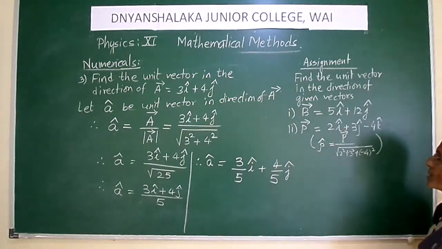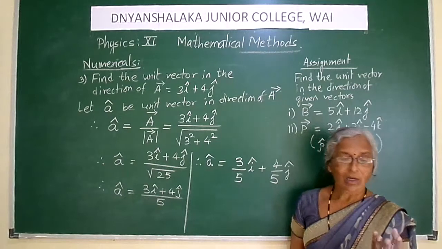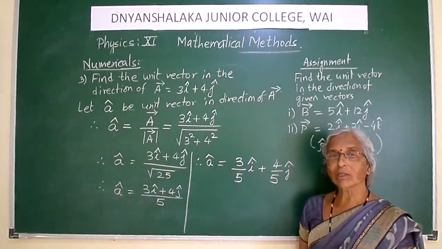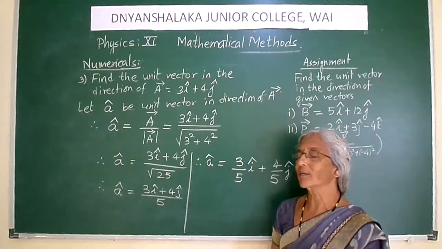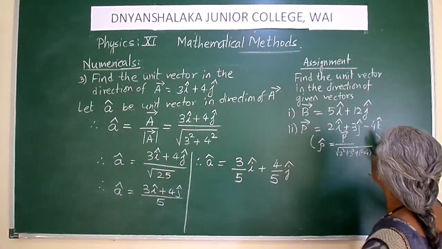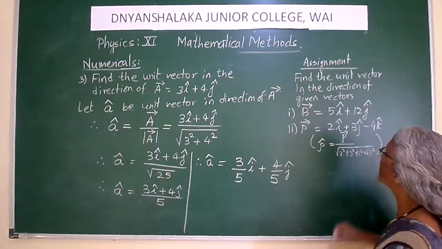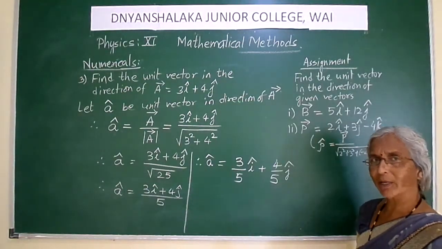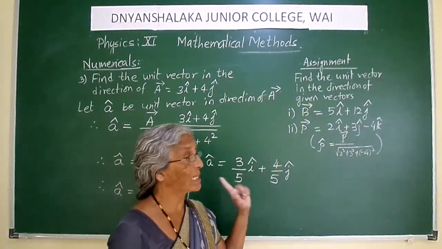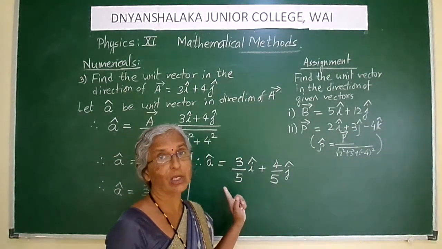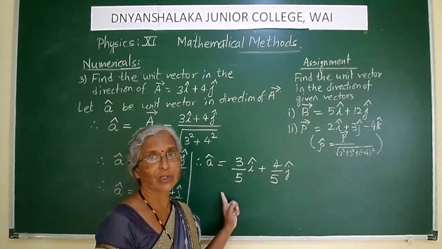So you will get the unit vector having rectangular unit components along the x-axis, y-axis as well as z-axis. So the third, you are going to take this component along the z-axis as vector k. Are you getting it? Okay, students. So you are going to complete the assignments given to you. So these are the problems with respect to the unit vectors.